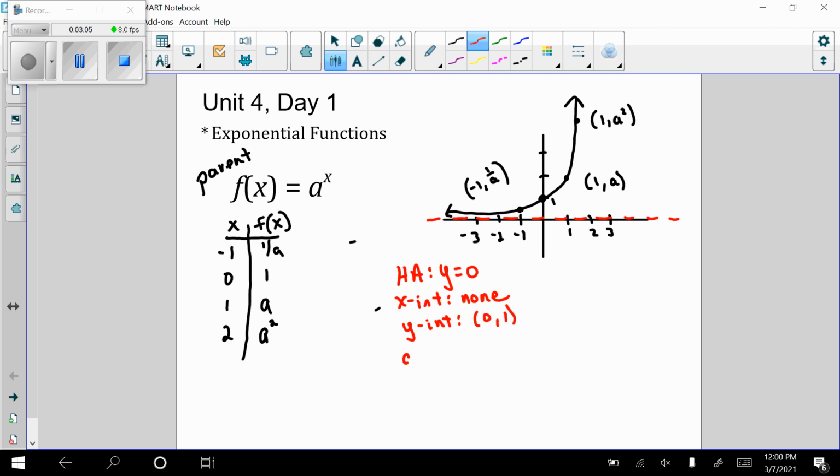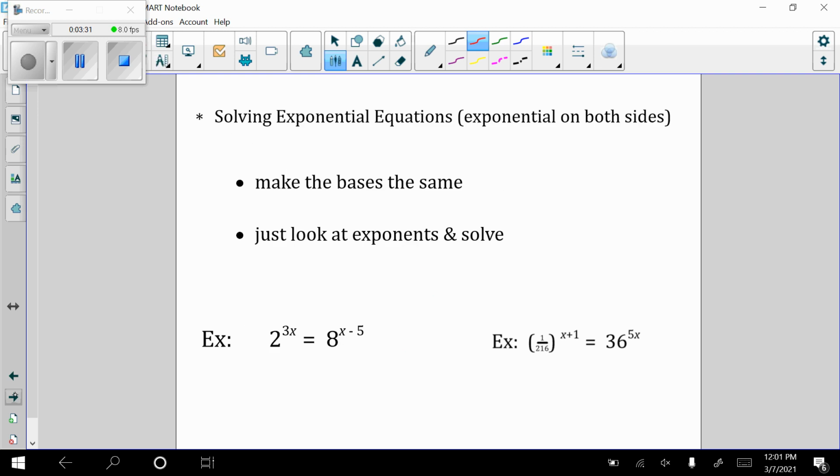My domain is all real numbers, or -infinity to infinity. My range is 0 to infinity. Remember, the parentheses tell you that 0 is not included, but all numbers greater than 0 to infinity. All right, so there's the graph.